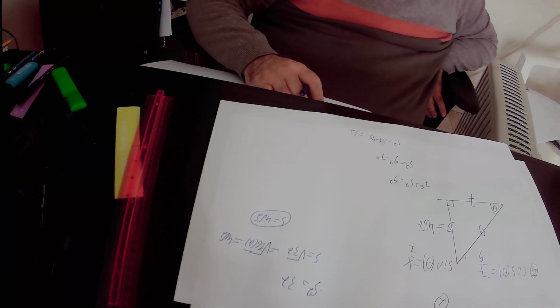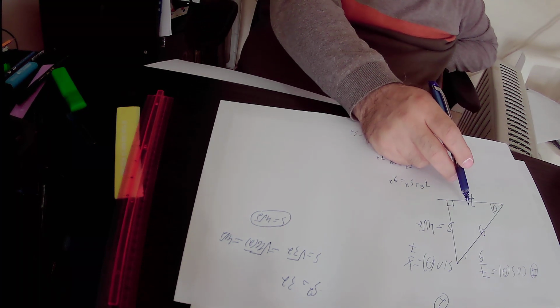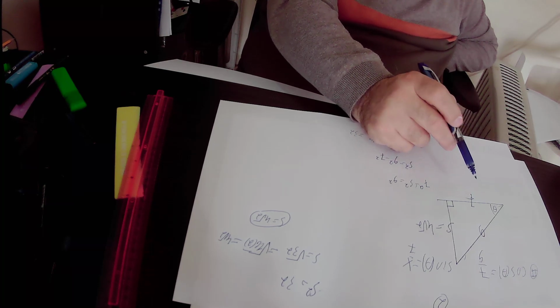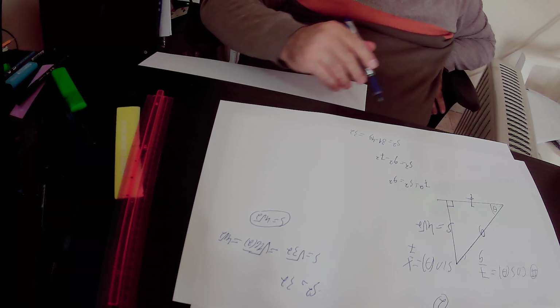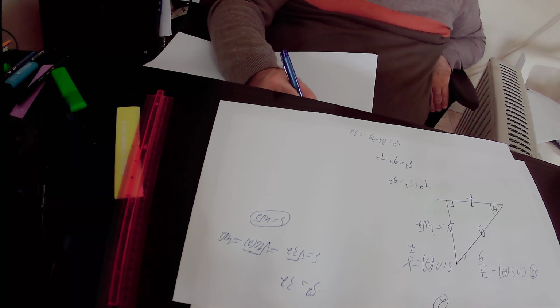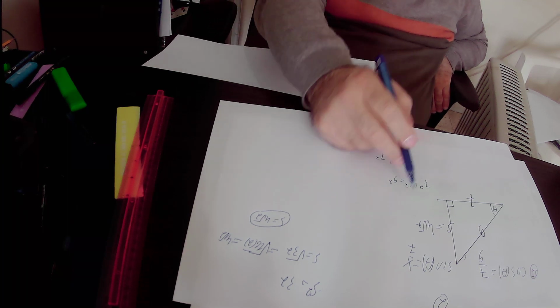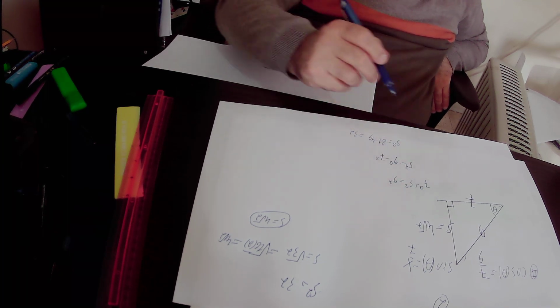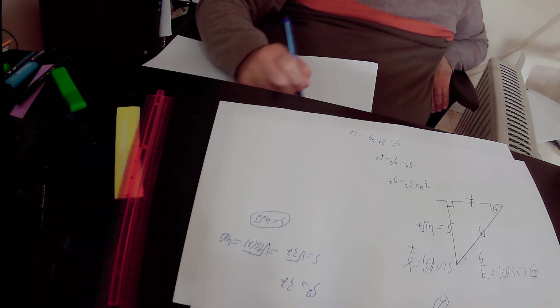Okay, so if we focus on this drawing and calculate the value of sine theta, we get that sine theta equals s, that is 4 times square root of 2, over 9.